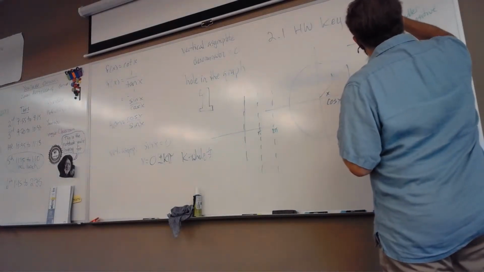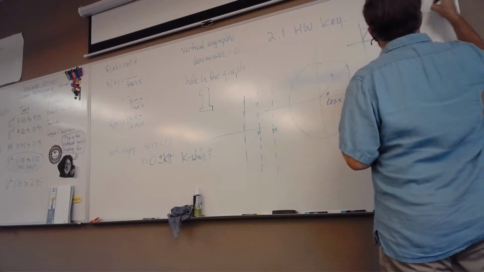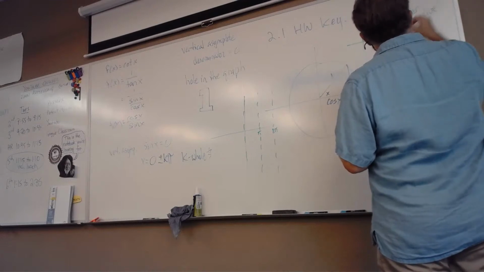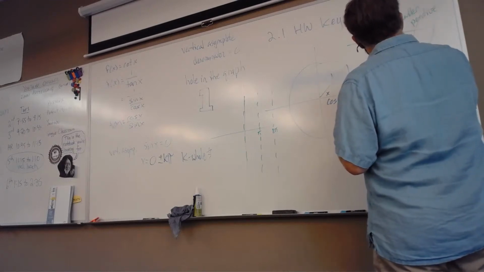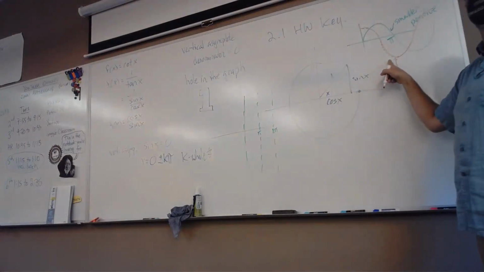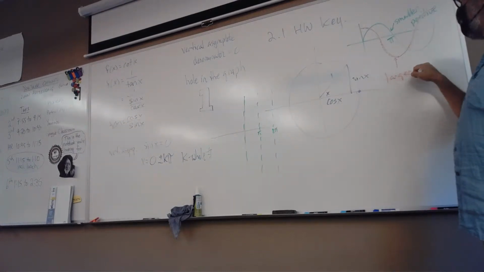Cosine looks like that. So what's cosine doing as I approach pi? Dropping. Also known as becoming a larger negative, agreed?